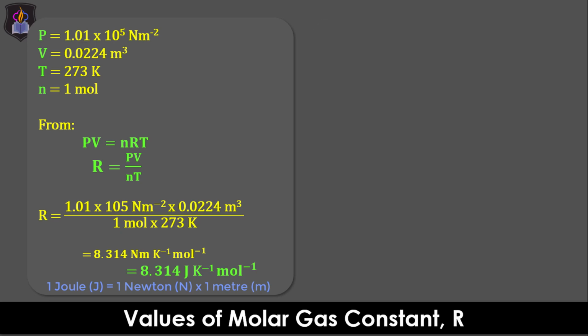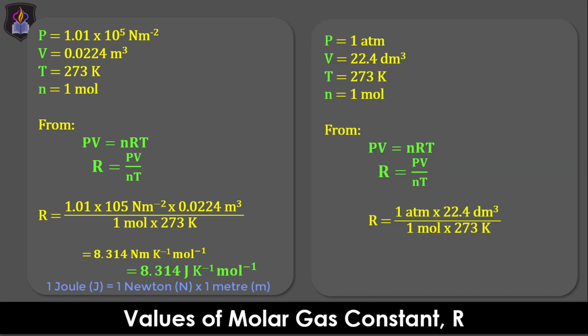Alternatively, when the pressure is 1 atm, volume 22.4 dm³ and temperature 273 Kelvin, the value of R will be 0.082 atm dm³ per Kelvin per mole. Recall that 22.4 dm³ or 0.0224 meters cubed is the volume occupied by 1 mole of any gas at STP, and it is called the molar gas volume.